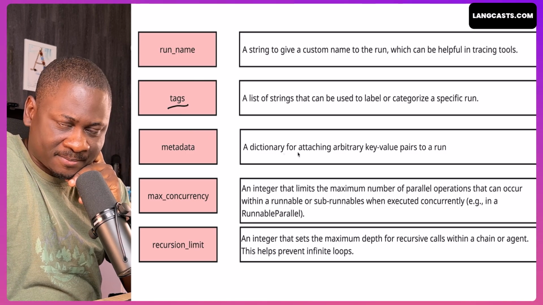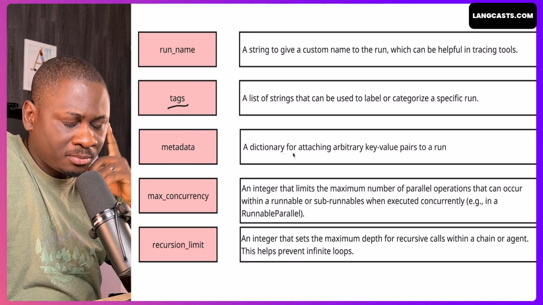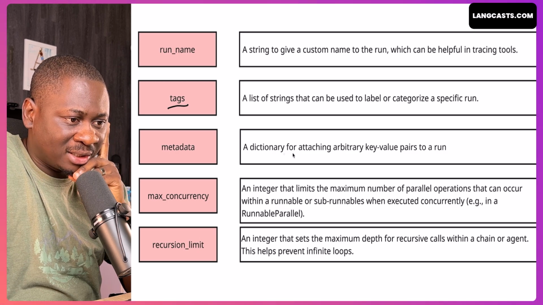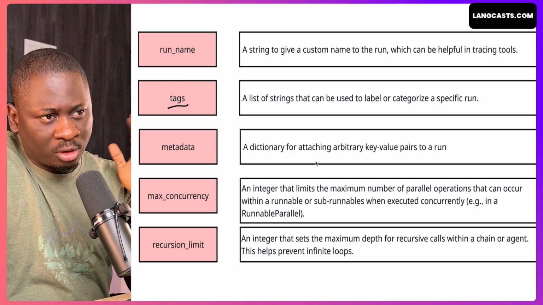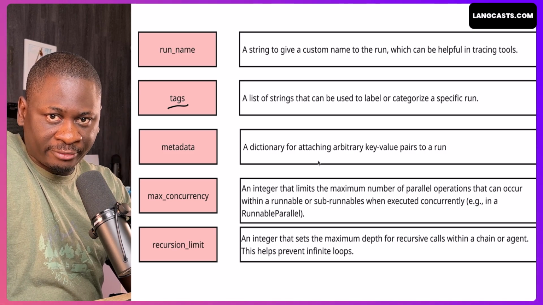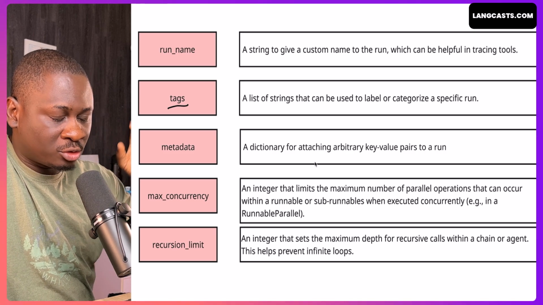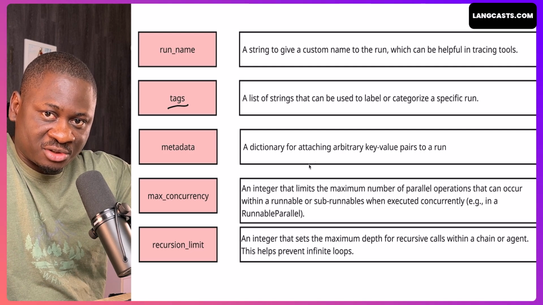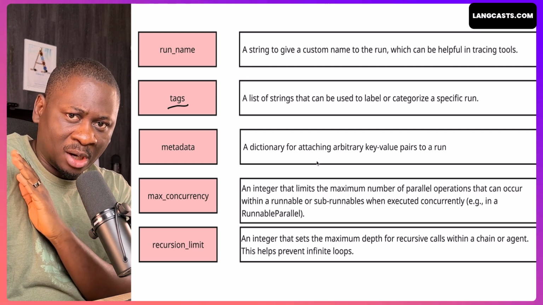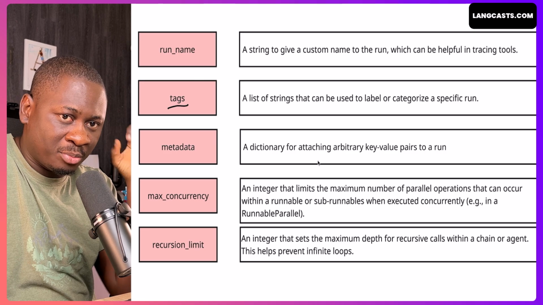So yeah, run name. Second, we have tags. You can add tags. Tags are organizational elements that you can attach to your runs. Maybe some runs are related to a particular type of workflow, maybe transactions. So you just tag them transactions. If some are about the user profile, you can tag them profile.